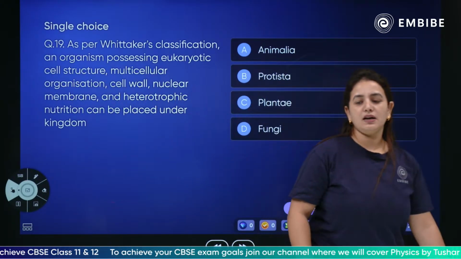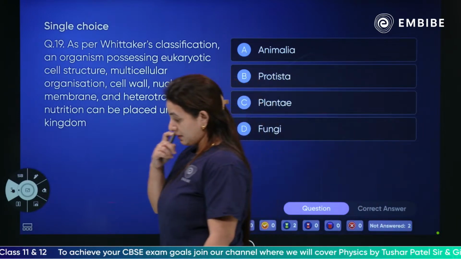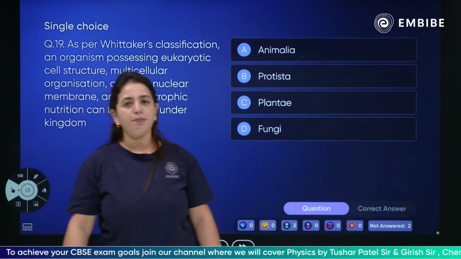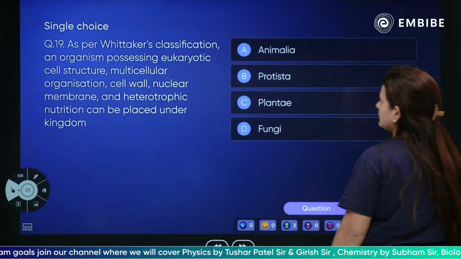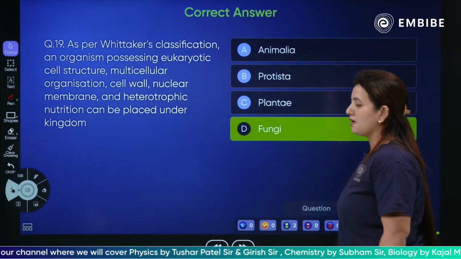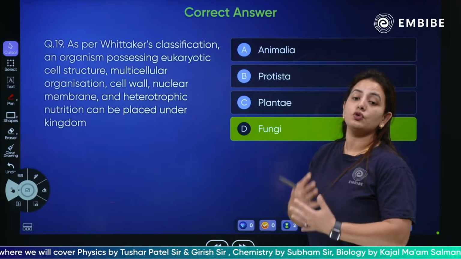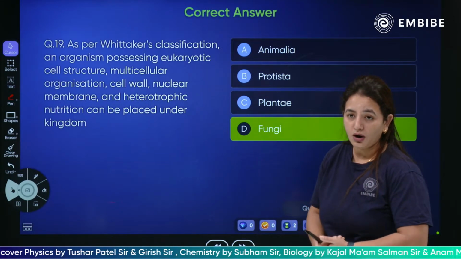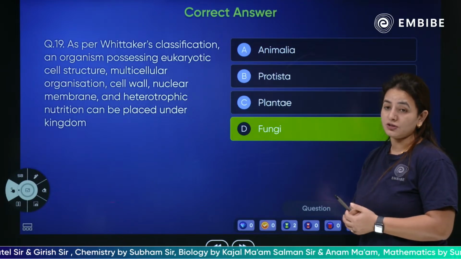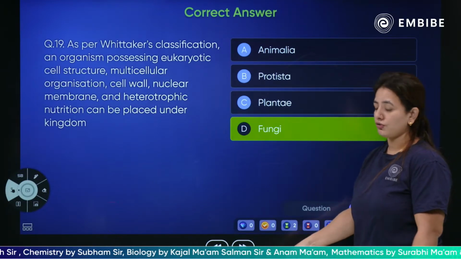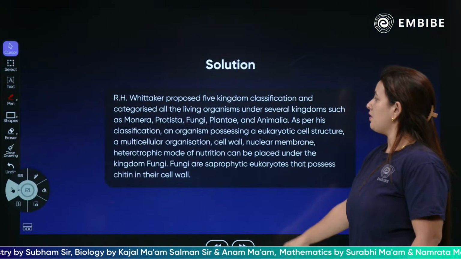This is also very easy. It is kept under the fungi, because fungi are eukaryotic. They possess cell wall, cell membrane, the nuclear membrane, and a heterotrophic mode of nutrition, and are placed under the kingdom fungi.